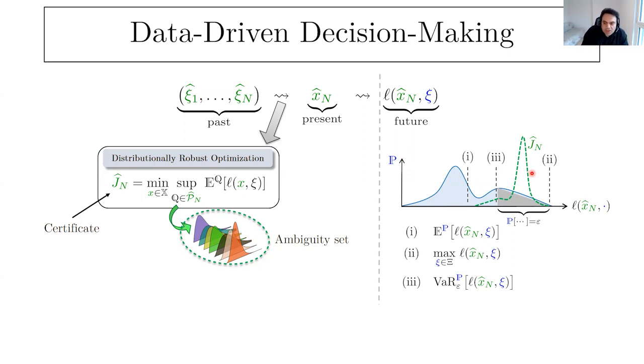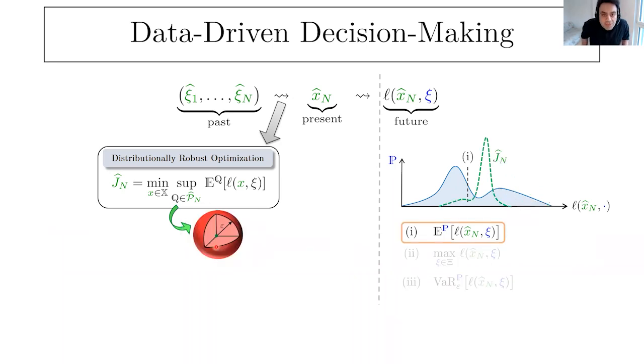Let me just focus on these items and give a particular example of an ambiguity set so that you have some concrete examples as well. The first one I want to focus on is this expected loss here. Typically, this is the one that is very popular in machine learning problems related to supervised learning, for instance, and that's what you care about. One choice of ambiguity set in these cases is something you can think about as a ball in the space of distributions.